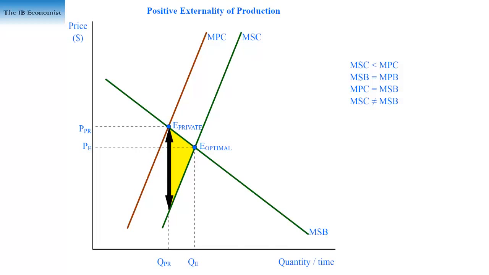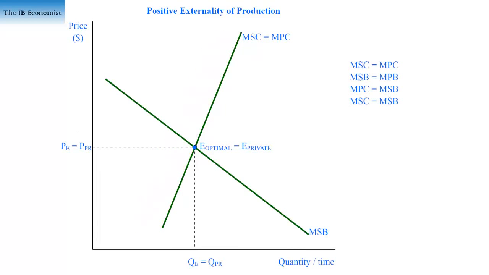Our private cost was above the marginal social cost. We gave subsidies to the firms, or we cut down their costs by allowing them to send their workers to be trained at governmentally owned institutions, and as a result the marginal private cost decreased and the curve was shifted to the right until it was equal to the marginal social cost.